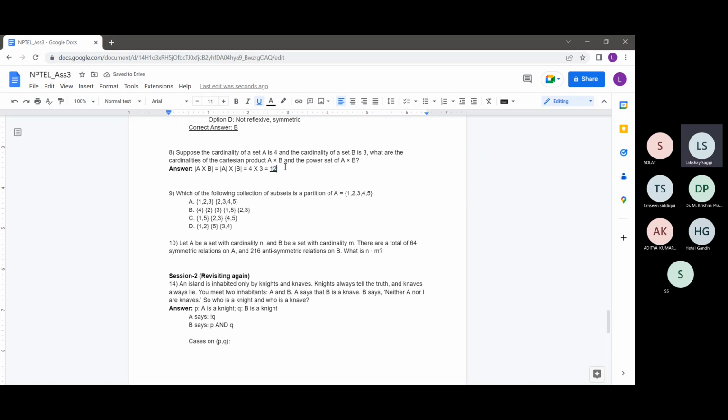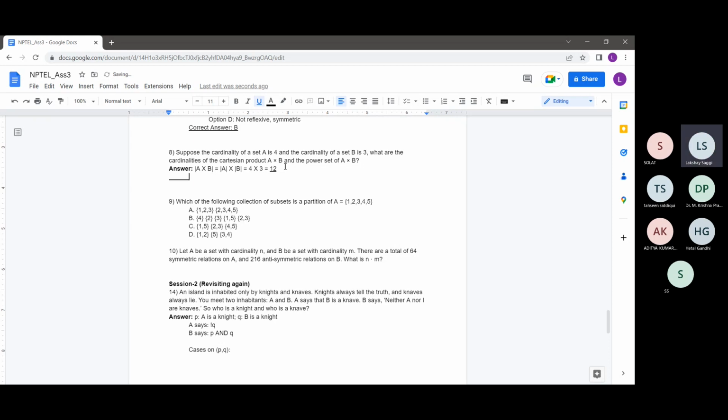And similarly, the second question is we need to find out the cardinality of the power set of A cross B. POW denotes the power set. A set with n elements has a power set of size 2 to the power n.